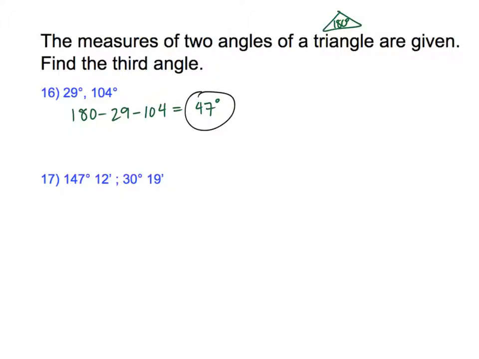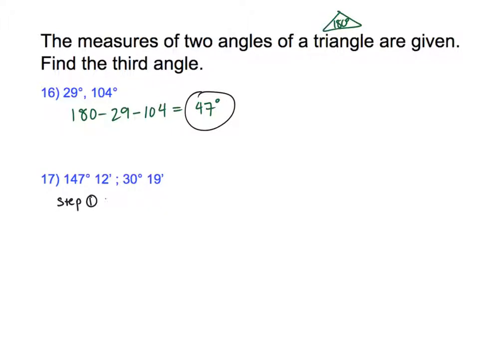Now for the second one here, you can see that it is in DMS format, right? So you first have to change it to degree decimal, and then subtract from 180. I'll actually write out the steps, since this is the first time we are doing it.